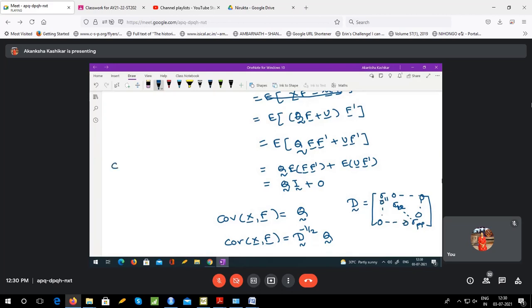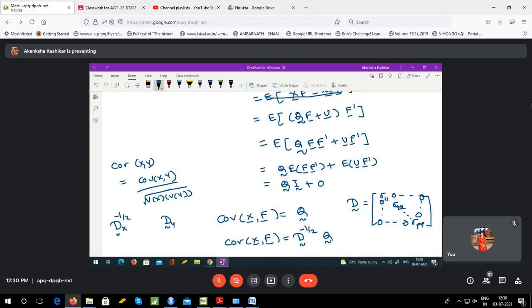Okay. In general, we know correlation between any x and y in the univariate setup would be covariance of x, y upon square root of variance of x, variance of y. So if I go for the multivariate setup, what I have to do is say Dx is the diagonal matrix where diagonal entries are variances of components of x, and Dy is the diagonal matrix where diagonal entries are variances of components of y.